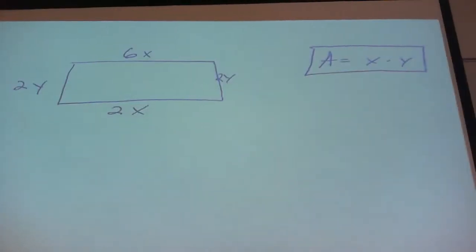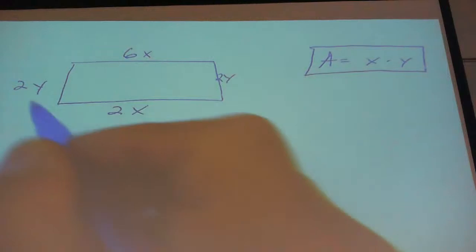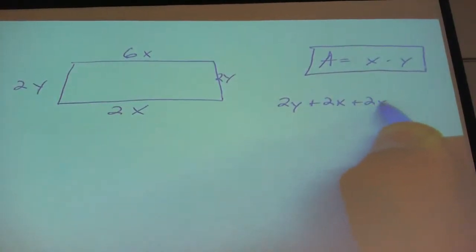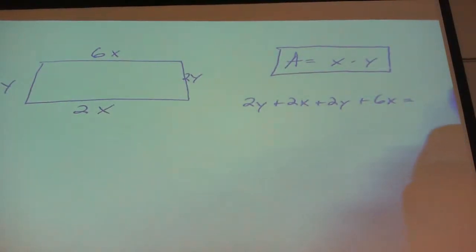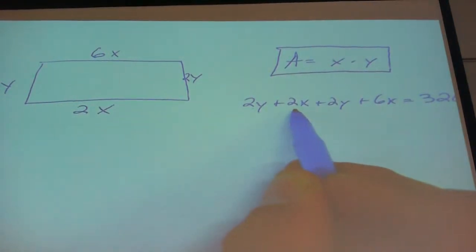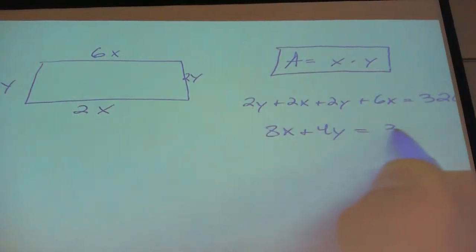So how much money do I have to spend total? $320. So if I take 2y plus 2x plus 2y plus 6x, that has to all equal how much money? $320. So 2y plus 2y, 2x plus 6x gives us 8x plus 4y equals 320.